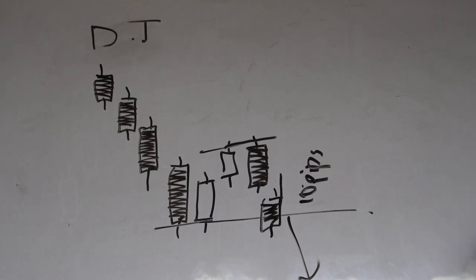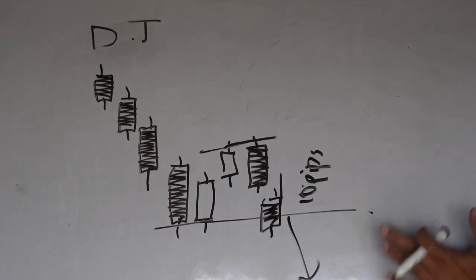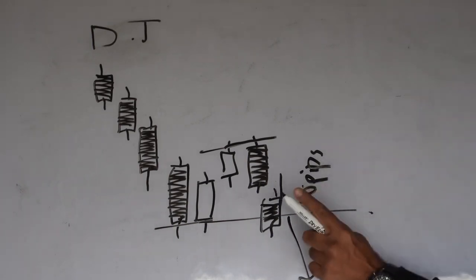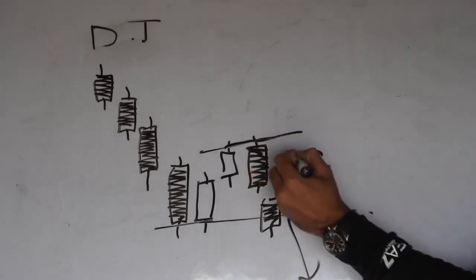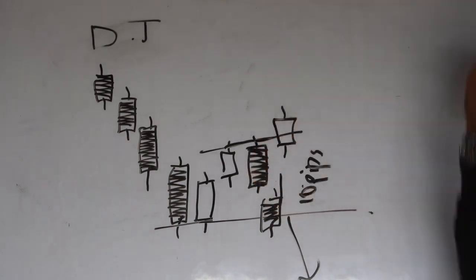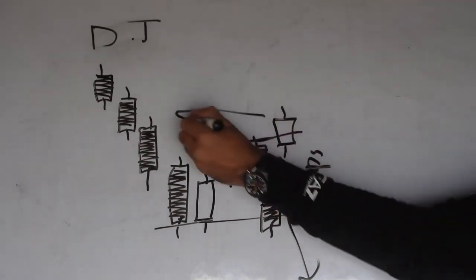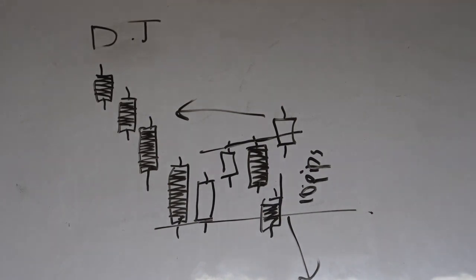But again, if you're trading counter trend in a downtrend, you have to wait for price to break resistance. No, form resistance first and then break resistance. So if we break above this area, then you can say, okay, maybe now we can correct that move.